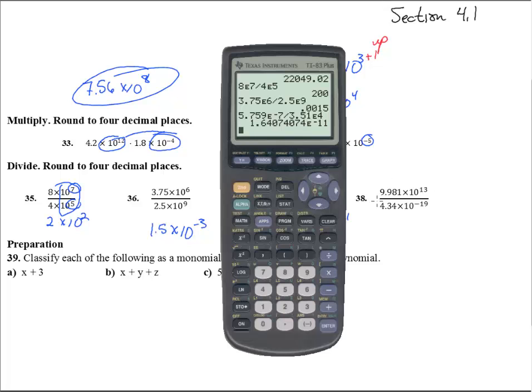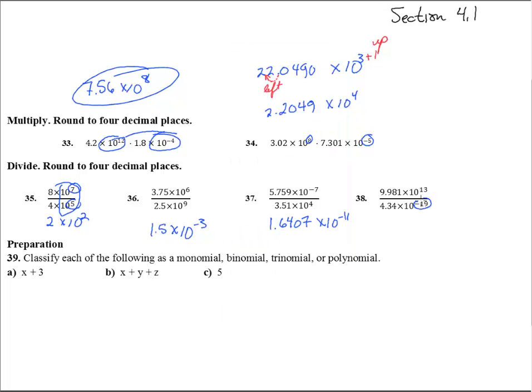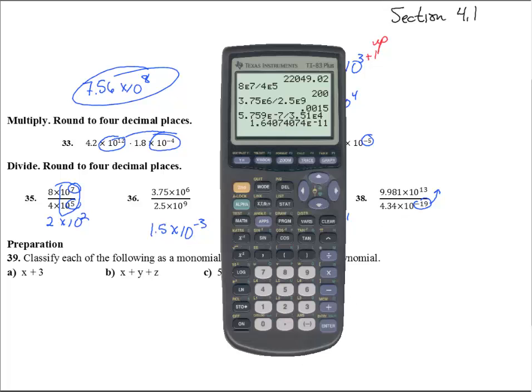And number 38. Here, 9.981 times 10 to the 13th divided by 4.34 times 10 to the negative 19. Again, subtraction. Or if you can picture this exponent going up here to the top, we're going to have like a times 10 to the 32nd power or something like that.